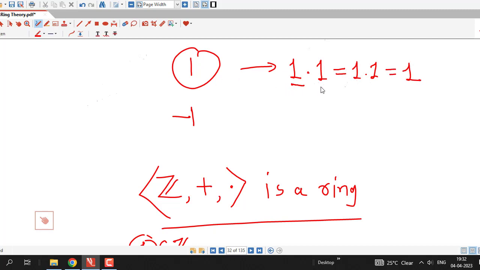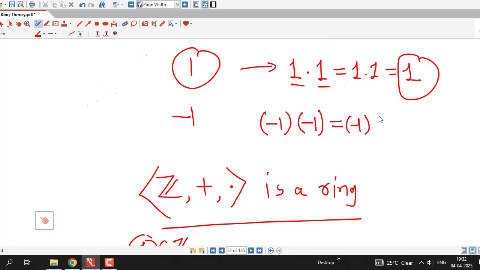So the inverse of 1 is 1 itself, because 1 is the identity. And the inverse of minus 1 is minus 1 itself.